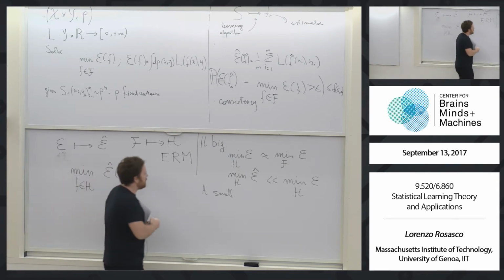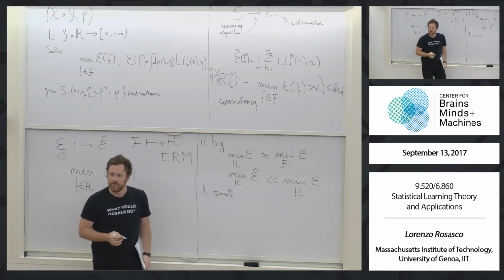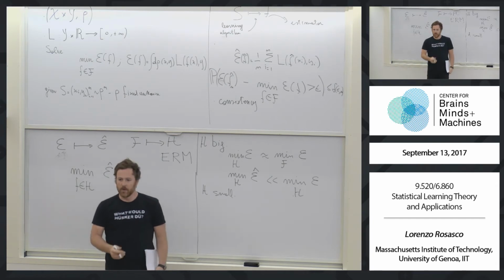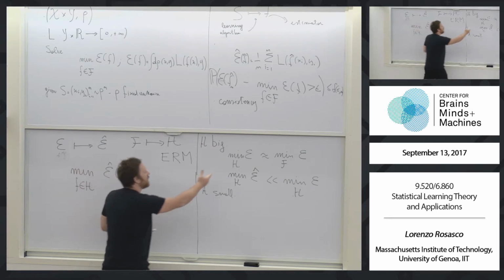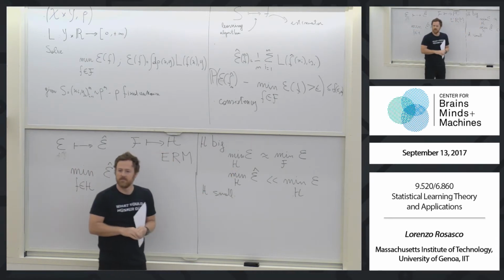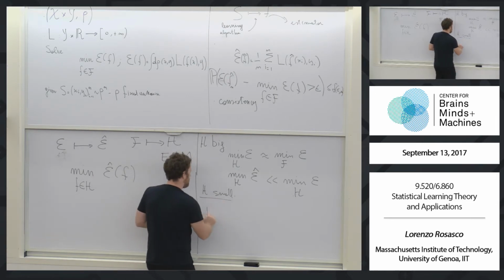And that's where the keyword that we're going to use 50 billion times in this course enters the picture. The idea of regularization, the way we're going to use it, is oftentimes the following. We're going to try to build relatively large hypothesis spaces, and then we're going to try to explore them.